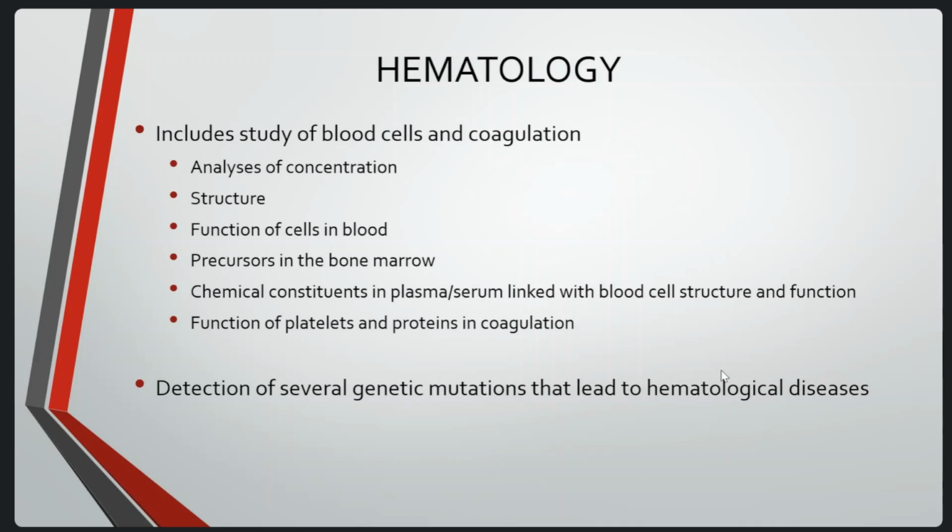So this is the study of blood cells and coagulation, and this includes the analysis of the concentration of the different components, the structure, the functions of the different cells in the blood, precursors in the bone marrow, as well as the chemical constituents in the plasma or serum linked with the blood cell structure and its function, as well as the function of platelets and proteins in coagulation. And with advanced technology, we can now even detect several genetic mutations that can lead to hematological diseases.